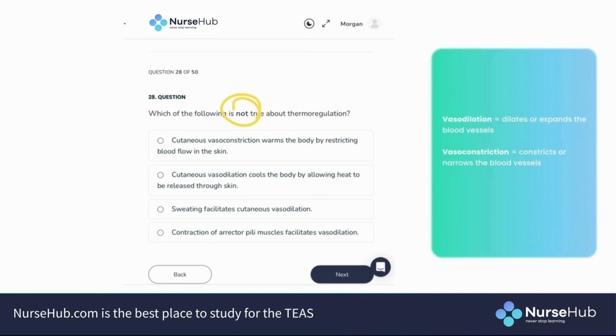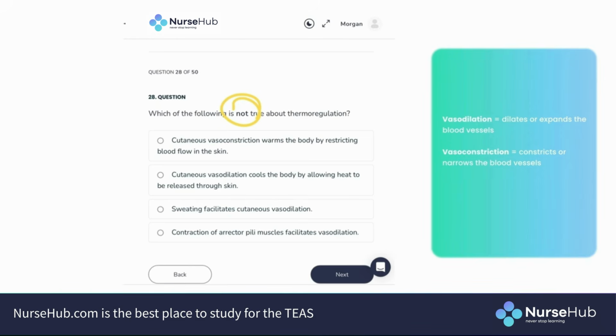Option 2 is cutaneous vasodilation cools the body by allowing heat to be released through skin. Option 3, sweating facilitates cutaneous vasodilation. And option 4, contraction of erector pili muscles facilitates vasodilation.